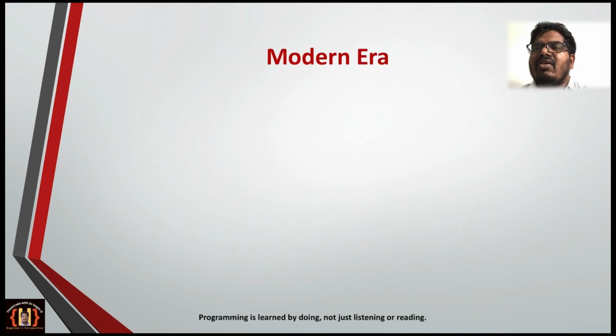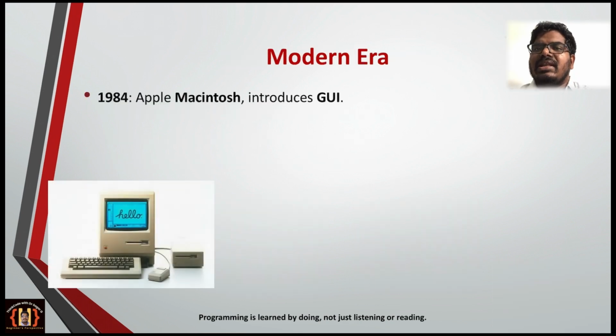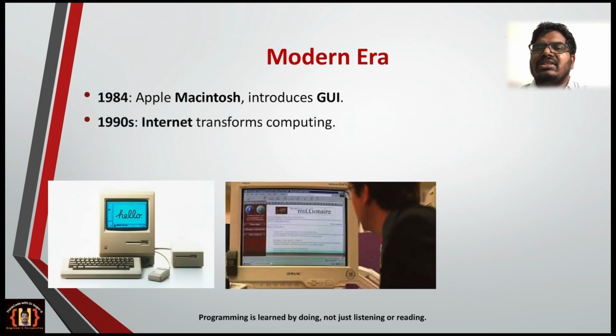Then the era of modern computing. In 1984, with the invention of the Apple Macintosh, the graphical user interface was introduced. Then in 1990 we had the invention of the internet. So this drastically transformed computing.